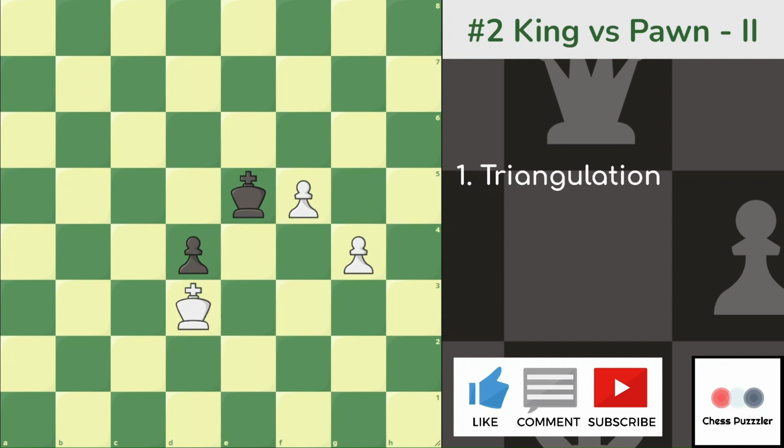So white comes to a startling conclusion: black's king is overworked. Black wants to defend the pawn on d4 and at the same time attack the white pawns on f5 and g4. If only it were black's move, white could win easily by capturing the d4 pawn, right?